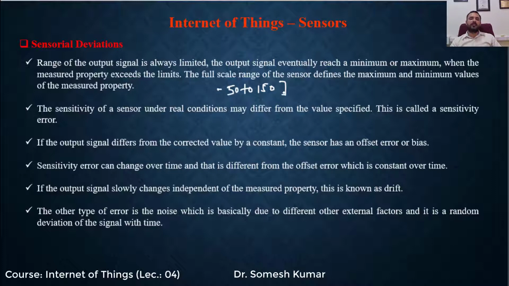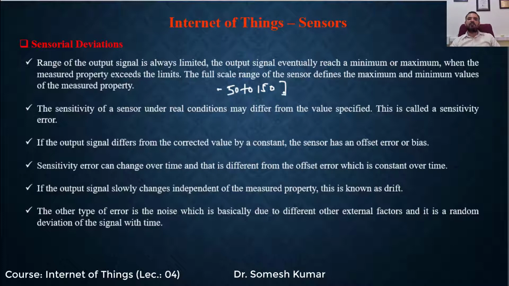But in real conditions, if we increase the temperature by 10 degrees Celsius, it can increase by 1.5 ohm. So this 0.5 is your sensitivity error.